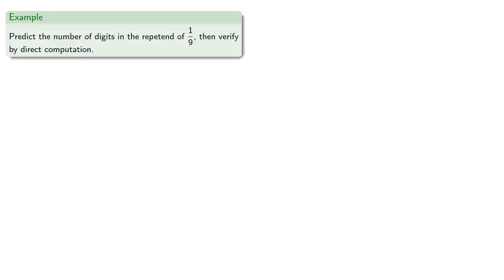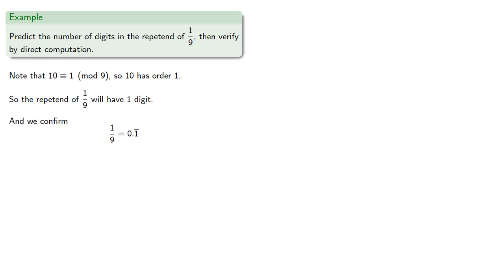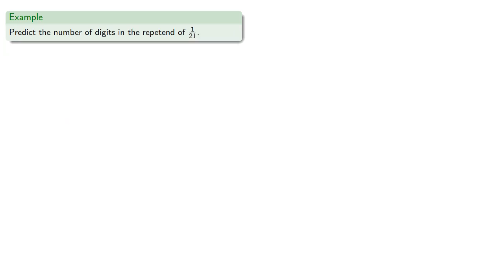So let's try to predict the number of digits in the repetend of 1/9, then verify by direct computation. So note that 10 is congruent to 1 mod 9, so 10 already has order 1, so we predict the repetend of 1/9 will have 1 digit, and we confirm that it in fact does. What about something like 1/21?